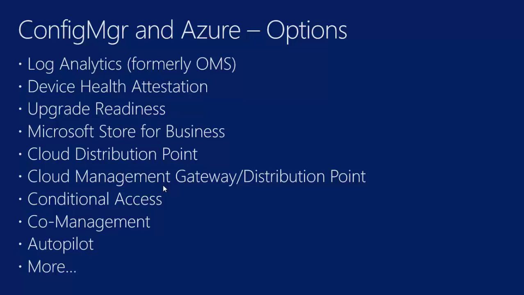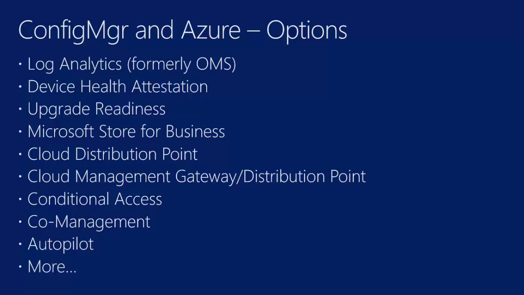Same thing with upgrade readiness. Being able to know that you're ready to do an upgrade from Windows 7 to Windows 10, or even versions of Windows 10 to another version of Windows 10. The Microsoft Store for Business, where you can manage and acquire and deploy store apps, right? What would be considered modern apps, kind of thing, right?